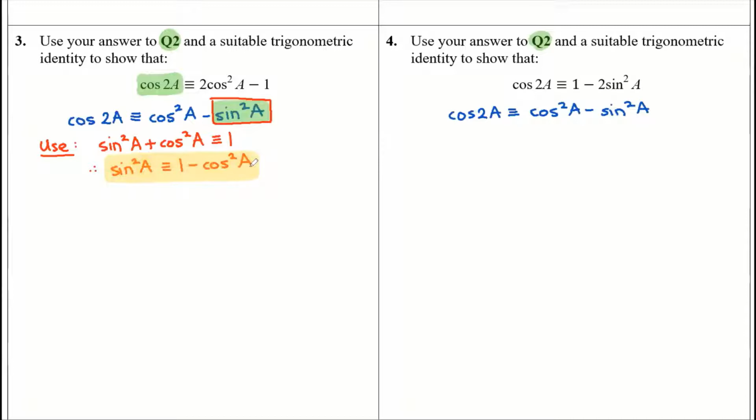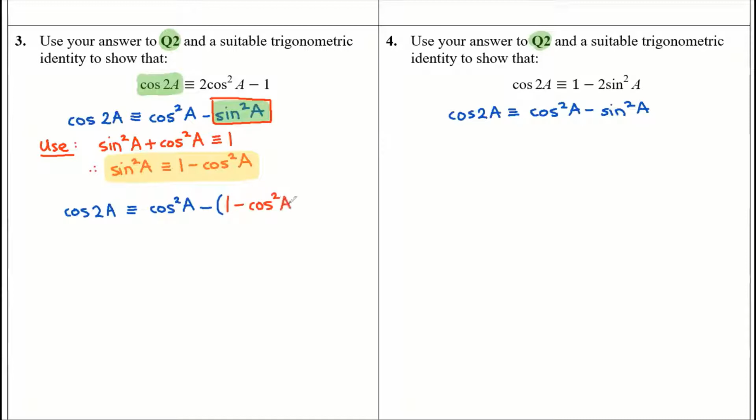So let's do it. So cos of 2a is identical to, now going back to the result from question 2, cos squared a subtract sine squared a, which I'm now replacing with this: 1 subtract cos squared a.